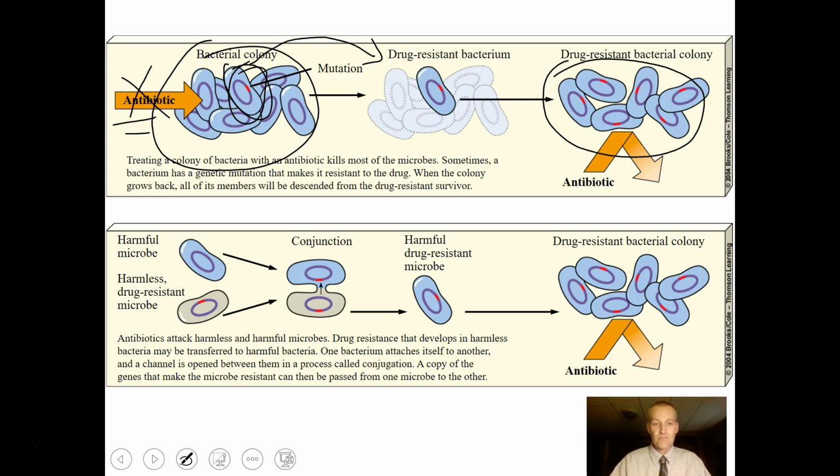Now, if you ever go to the hospital and you pick up an antibiotic resistant bacterium, what will happen is you'll ingest it because you didn't wash your hands after using the elevator or whatever. Through conjugation, it will transfer those antibiotic genes to other bacteria, and now you have a harmful bacterium that is reproducing in your body.